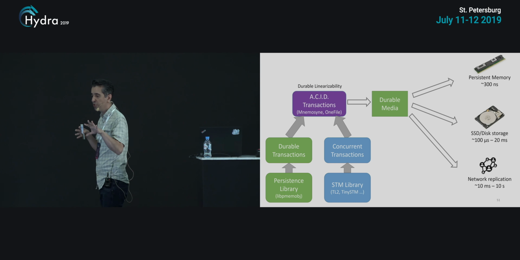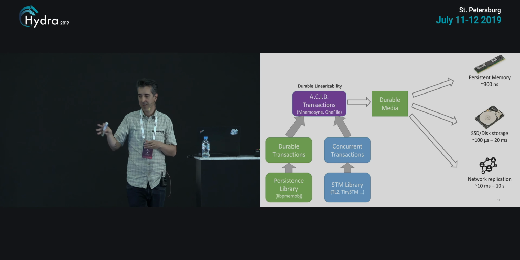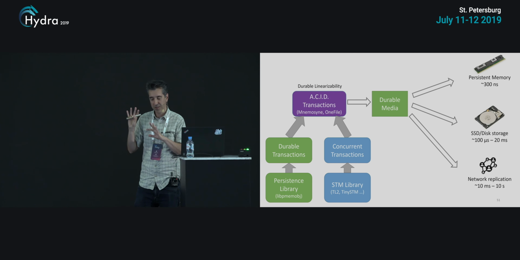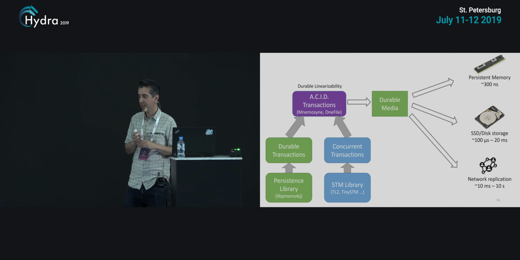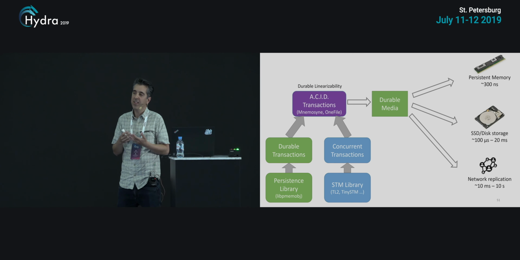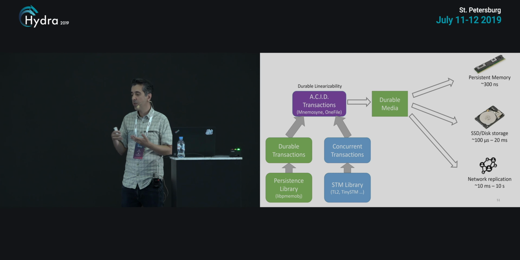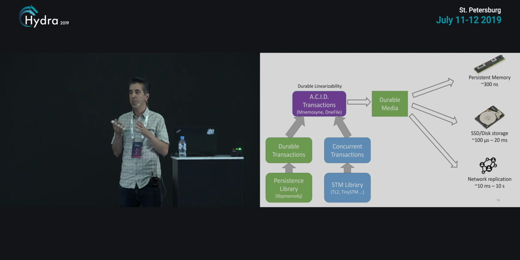And when I talk about durable media, there are at least 3 big classifications, and there are numbers here, but these are just rough ideas, so don't take them literally. Persistent memory is something whose latency, let's say, is around 300 nanoseconds, and then disk storage, and then you even have network replication. All of these can be seen as durable media.